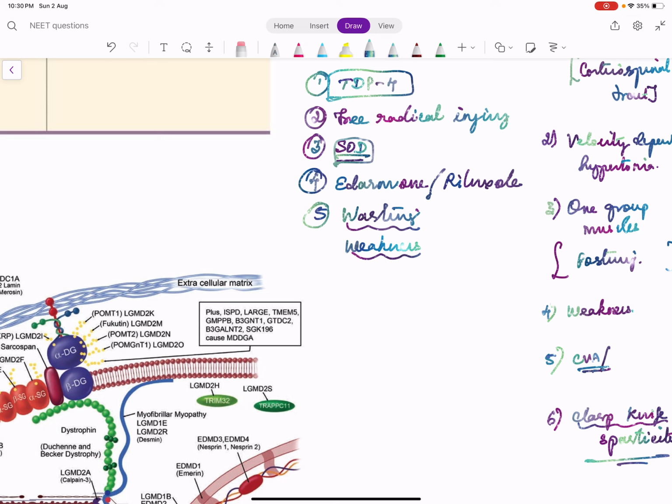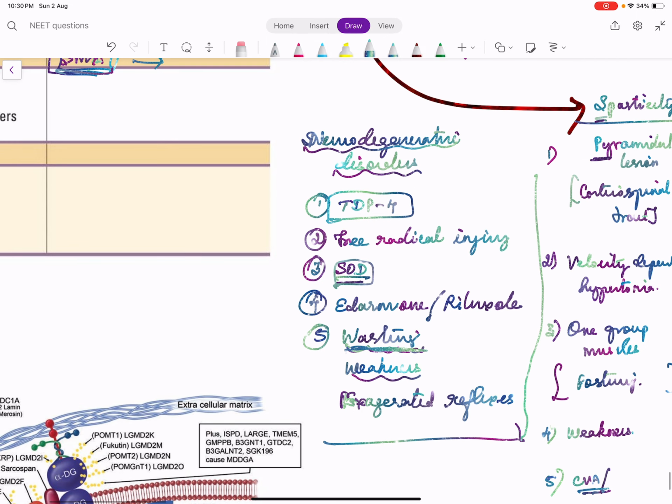So in ALS, because of mixed UMN and LMN features, there will be wasting, but there will be exaggerated reflexes. This is the typical clinical feature of ALS. I think these points are enough.